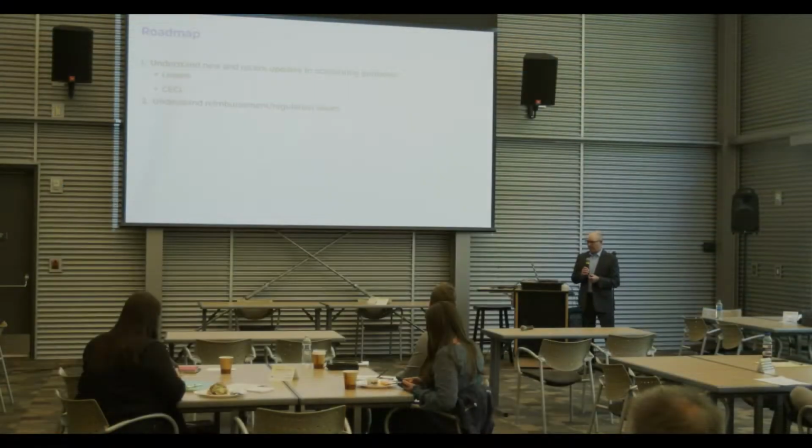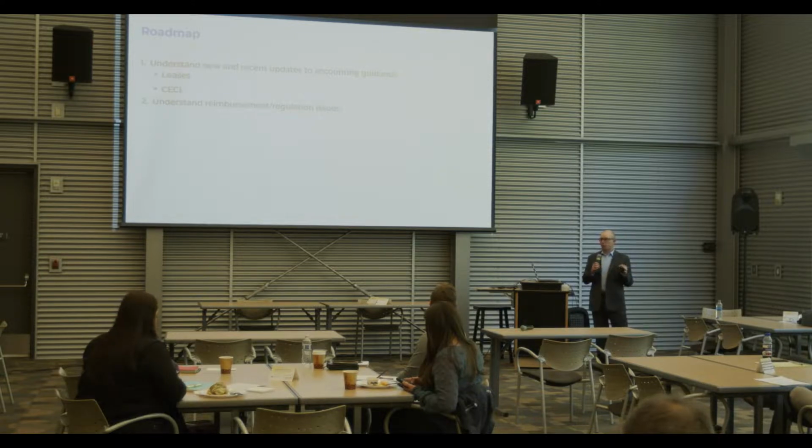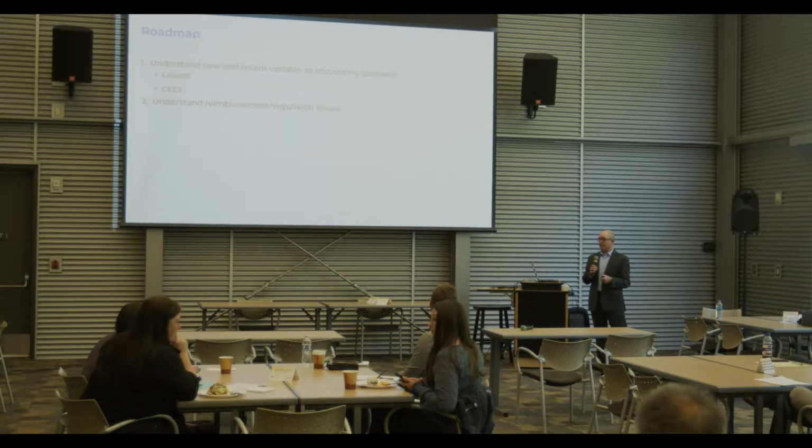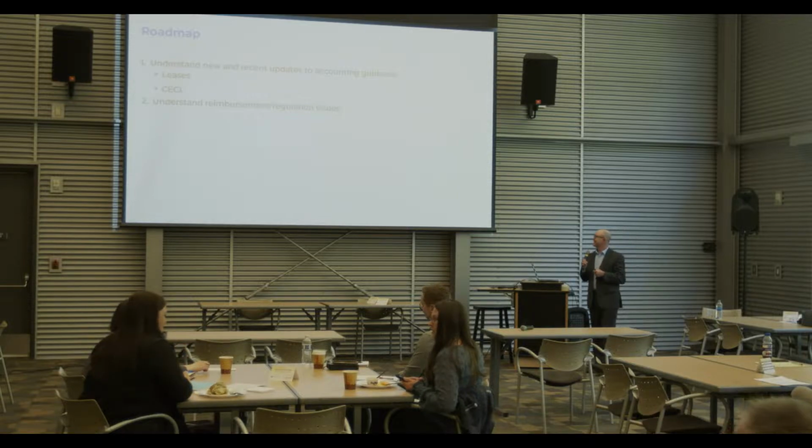Like I mentioned, I practice in the US GAAP area, not quite as much in reimbursement, so we'll spend more of the time on the lease standard and on CECL. I also have a slide in there about GASB 96. I know everybody's like, ooh, I've been waiting to hear about GASB 96.